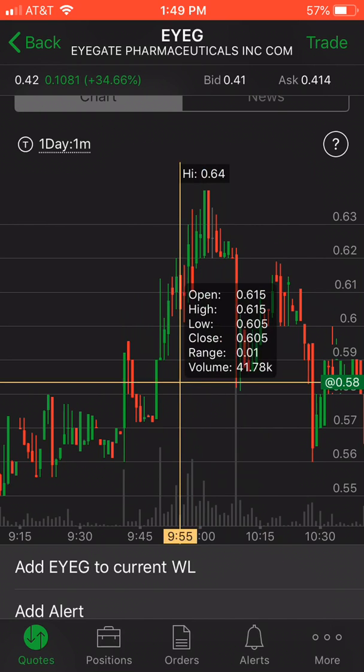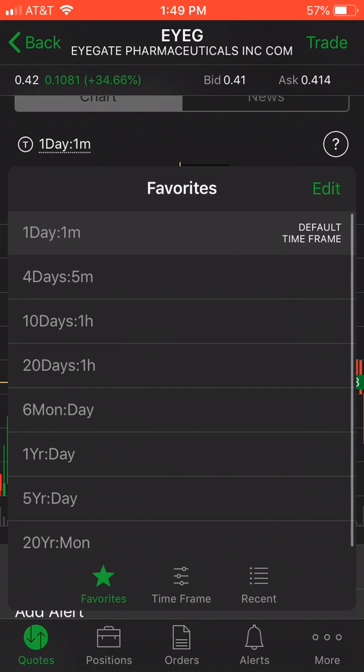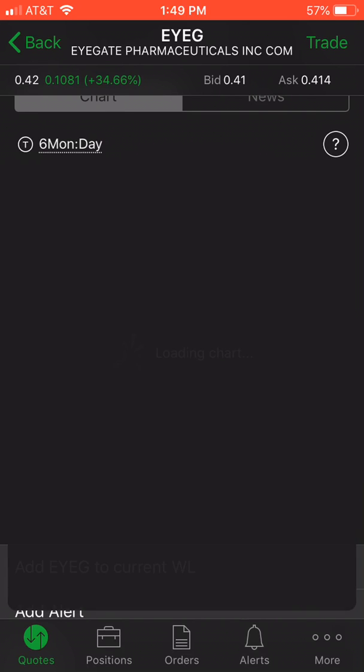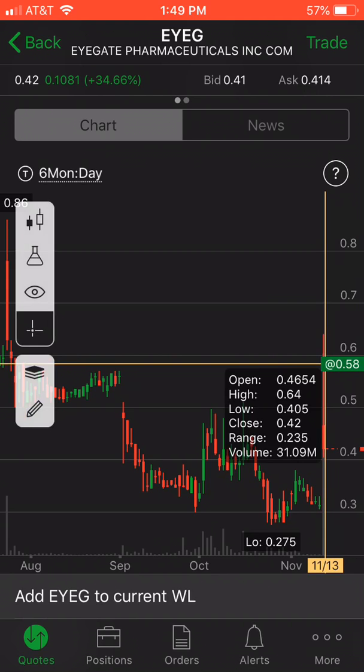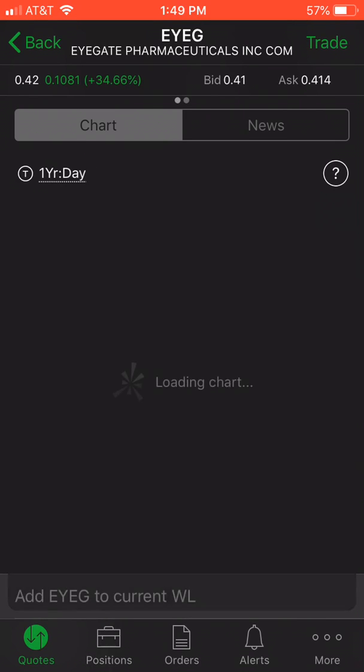Okay, so anyway, when I was looking at why I chose this stock, it was a low float, low market cap, under 30 million market cap. And then when I looked at the daily chart, let's look back at the 1 year chart.